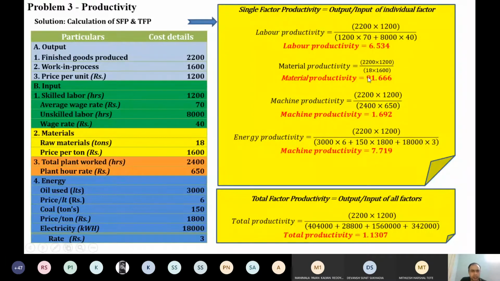All the machines worked for 2400 hours, and per hour the machining cost is 650 rupees. I have calculated the machine productivity as 1.692. Same way for energy, I have three categories here: oil, coal, electricity. For oil, it is 3000 into 600, for coal, it's 150 into 1800, and for electricity, it is 18,000 into 3. If I do this calculation, I'm getting 7.719.